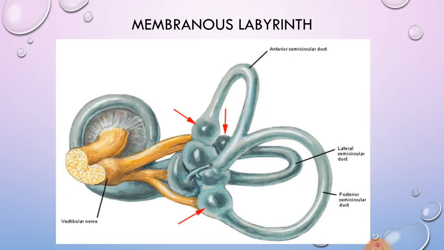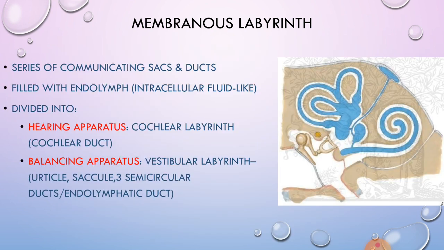Now the next is the membranous labyrinth. As you can see, it's a closed ductal system with sacs and ducts present, and the details start now. It's a series of communicating sacs and ducts filled with endolymph, and it is divided into 2 portions.